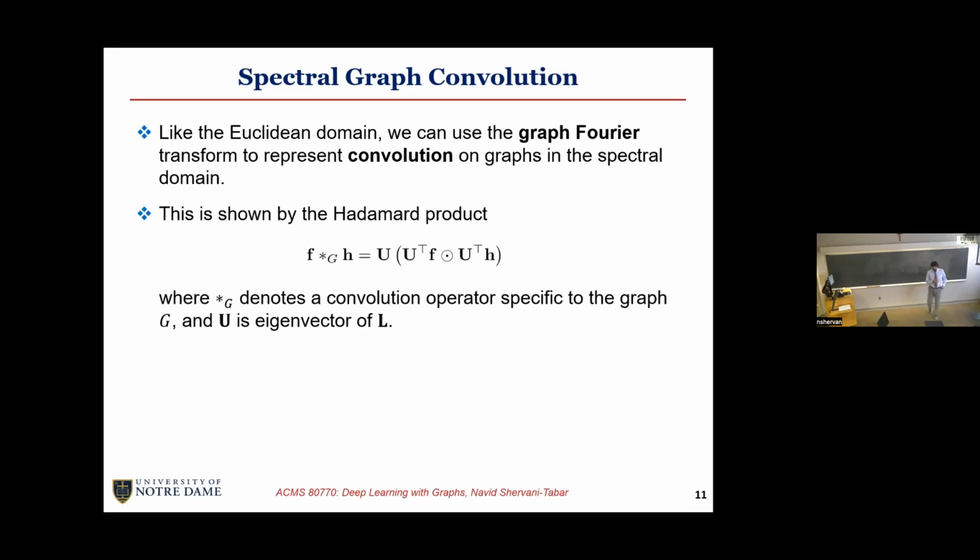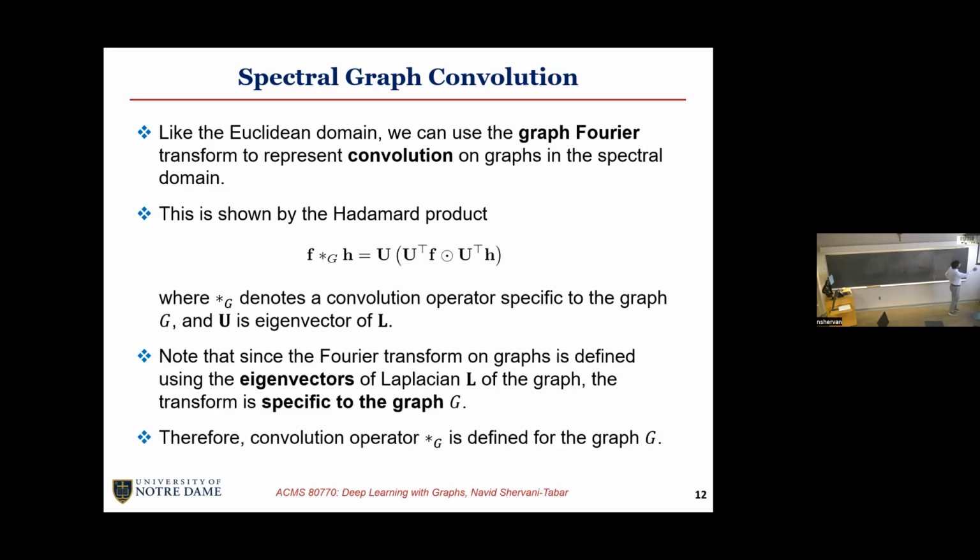Here, we're showing convolution using star sub G, which represents a convolution for graph G. The reason is that we're defining convolution based upon the eigendecomposition of the Laplacian matrix. The Laplacian matrix is not unique, but it belongs to that graph.